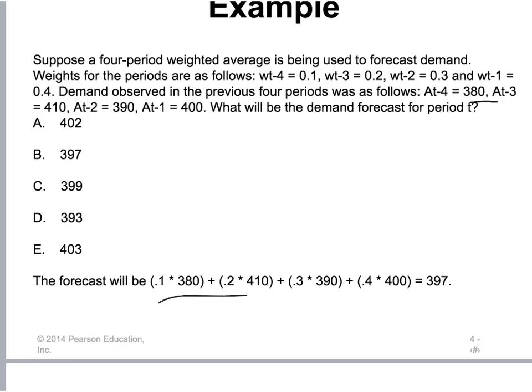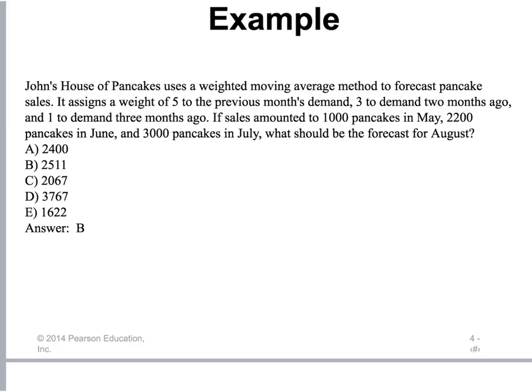So here is the formula: 0.1 times 380, plus 0.2 times 410, plus 0.3 times 390, and then 0.4, which is the most recent, times the most recent data of 400, to give you 397. So the answer would be B.